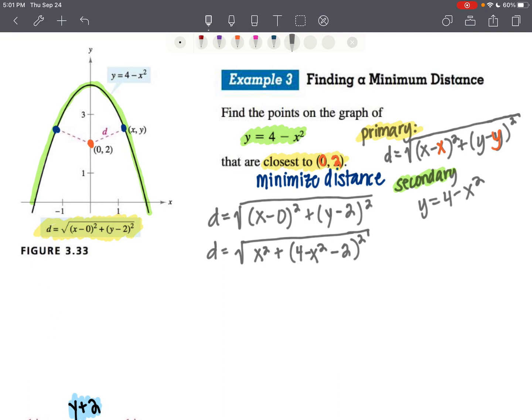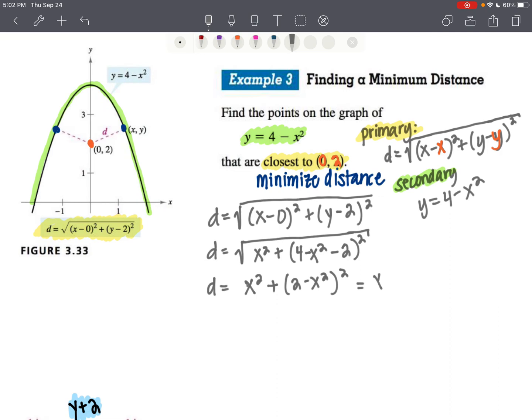I'm going to simplify the radicand, and I'm going to ignore the radical because we just want to minimize the radicand. So I'm going to have x squared plus (2 minus x squared) squared.